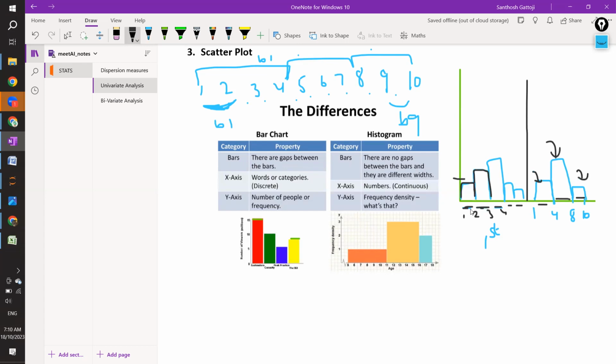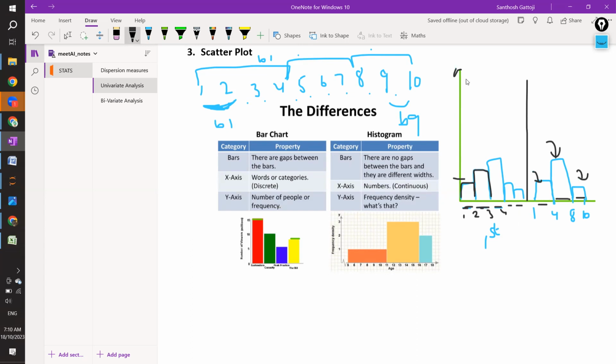Regarding the x-axis, if the bins are more, the width will be less. If the bins are less, the width will be more. That is one point regarding the x-axis, the bins.